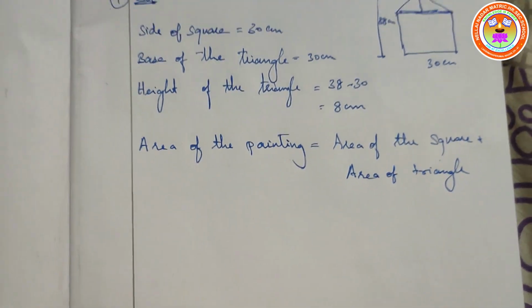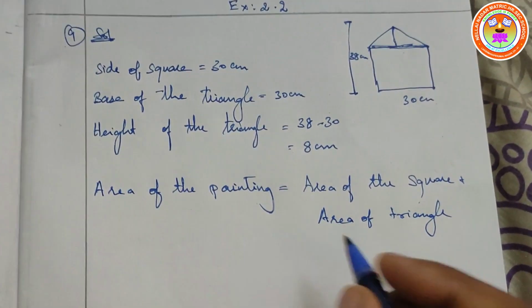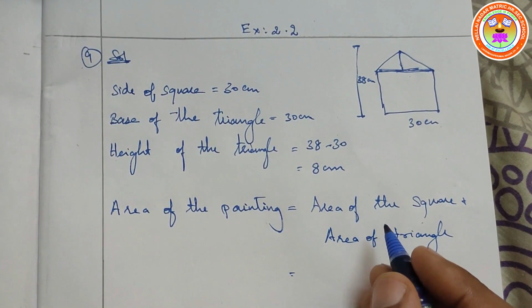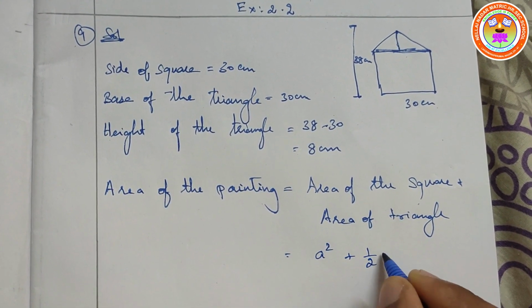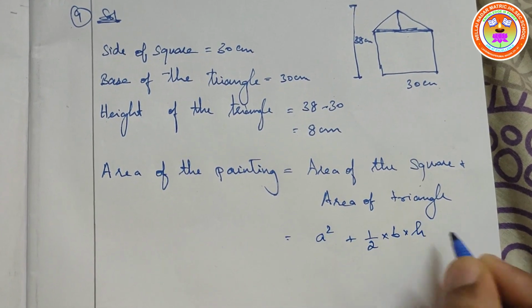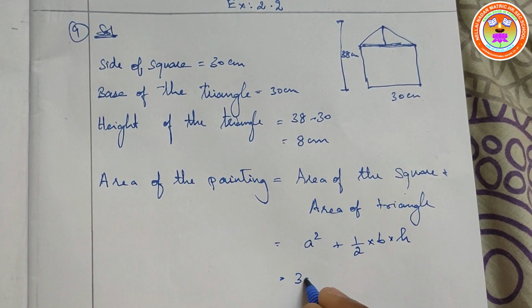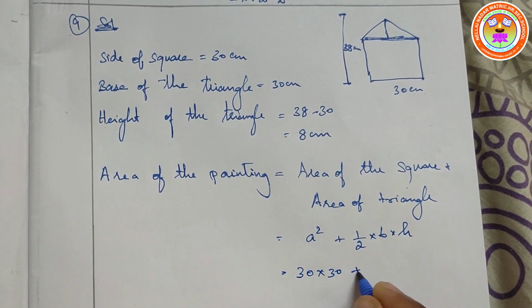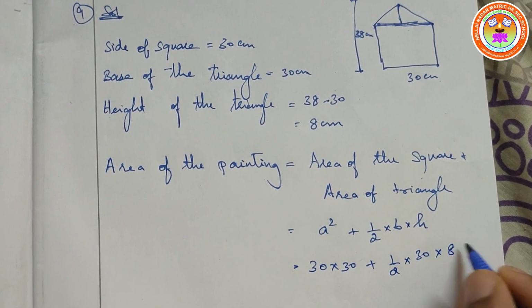Yes, there are two diagrams combined, that is square and the triangle. Area of the square formula is a square. A square plus half into base into height is the area of the triangle. What is the side? 30. 30 into 30 plus 1 by 2 into base 30 into height is nothing but 8.